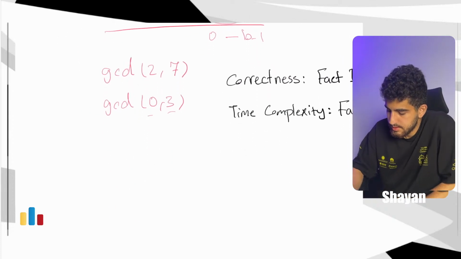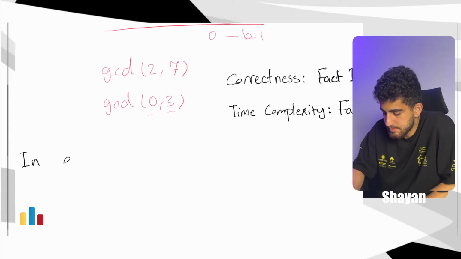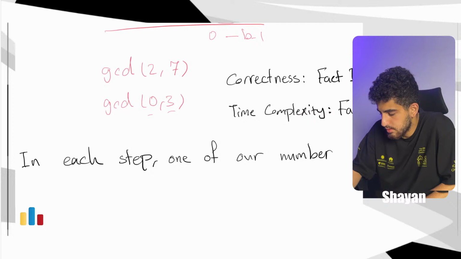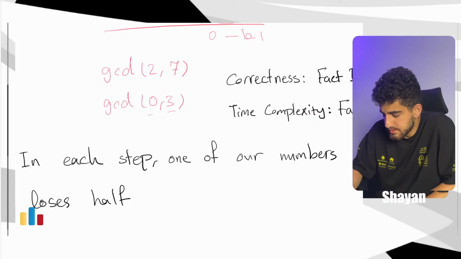So in each step, we are going to divide one of our numbers by 2, or let's say that one of our numbers loses half of itself.